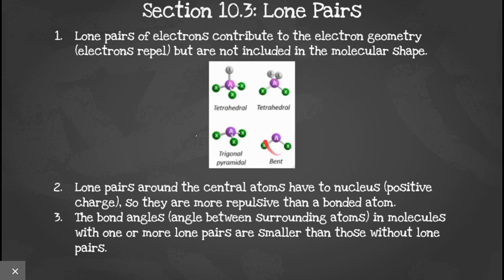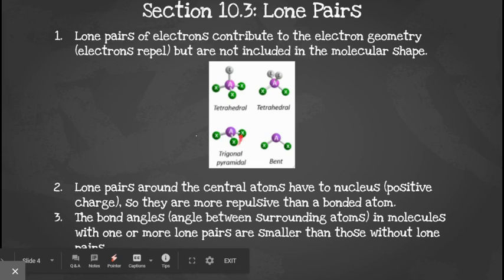And then this bent shape, these 2 lone pairs are going to repel even more and cause it to be this bent shape. So lone pairs around the central atom have no nucleus or positive charge, so they are more repulsive than a bonded atom.